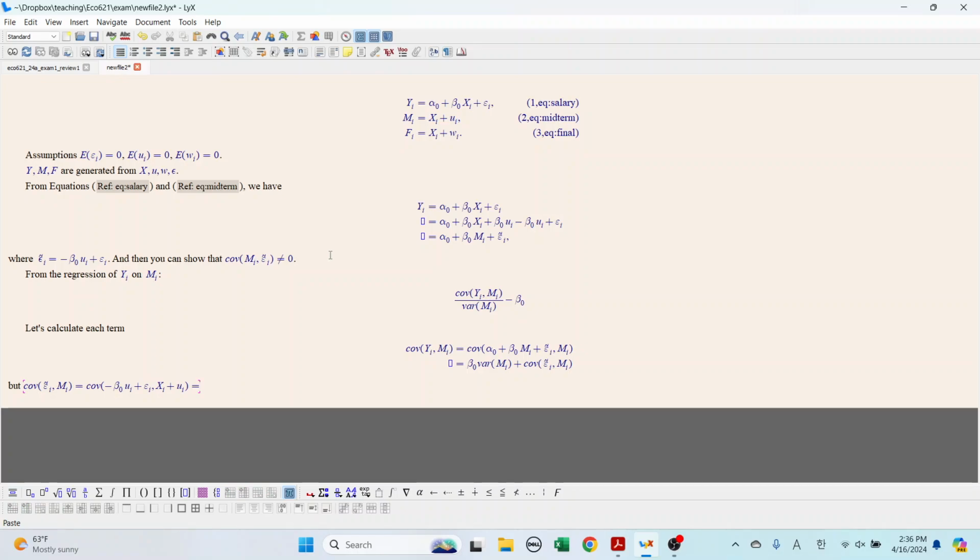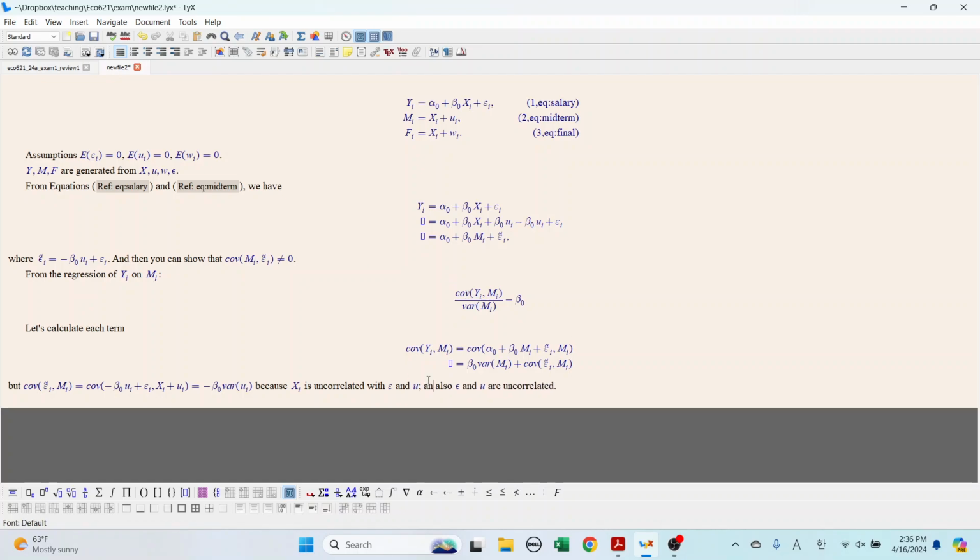And as you see, u is repeated, so it is minus beta 0 variance of u_i, because x is uncorrelated with epsilon and u. Also, epsilon and u are uncorrelated.